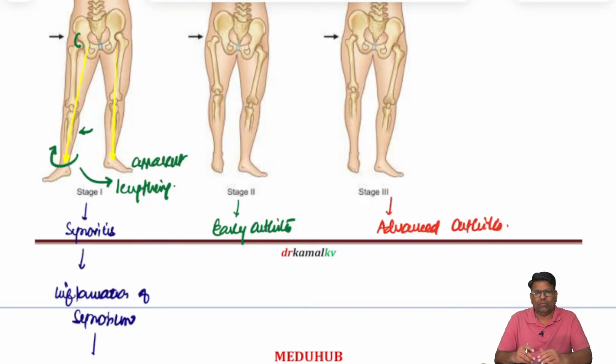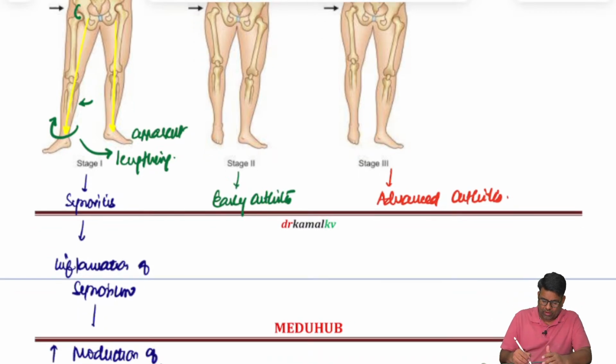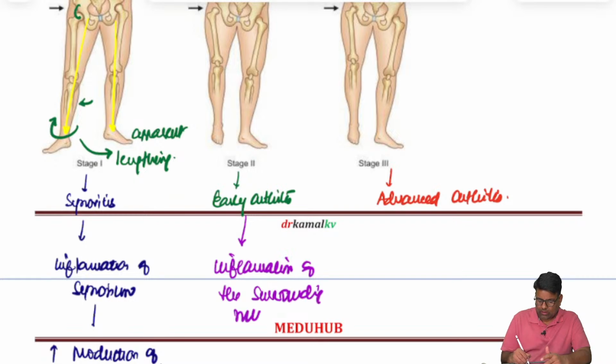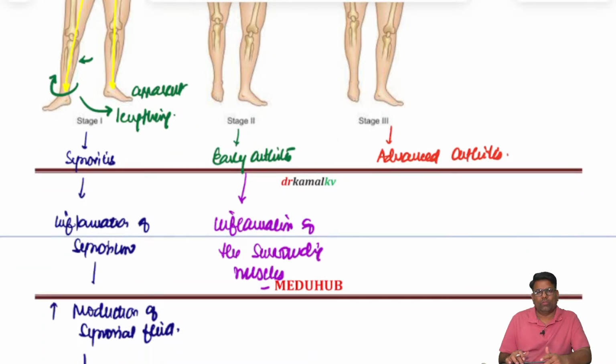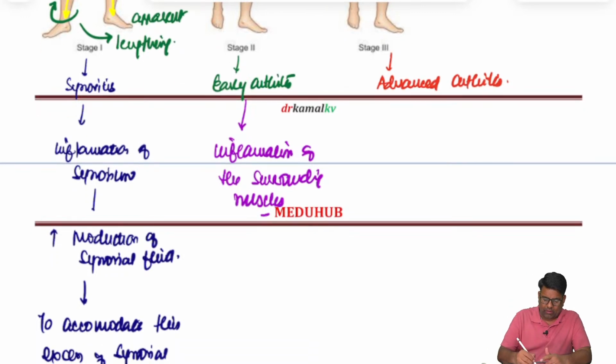Now, what happens if the condition is not addressed at this stage? Now, the bacterium will start involving the joint surface, that is arthritis. As soon as there is arthritis, there is inflammation of the surrounding muscles, right? And we know that there are a few groups of muscles.